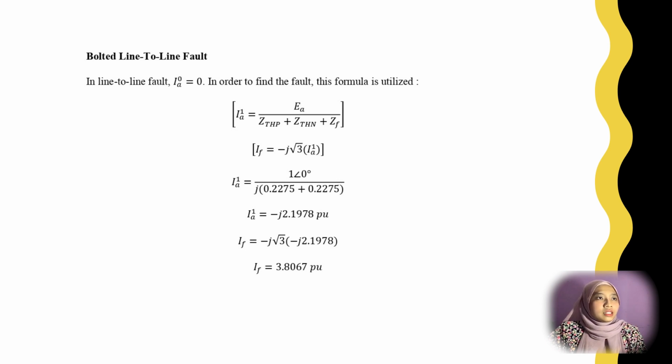After doing the calculation, we get IA1 equal to negative j2.1978 per unit. Then, to find the fault current at line to line, the answer we calculated earlier is multiplied by the square root of 3, and we get IF equal to 3.8067 per unit.